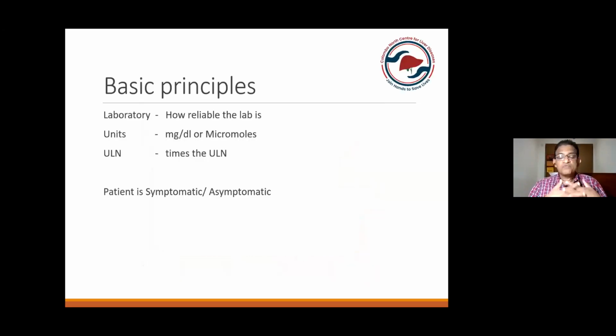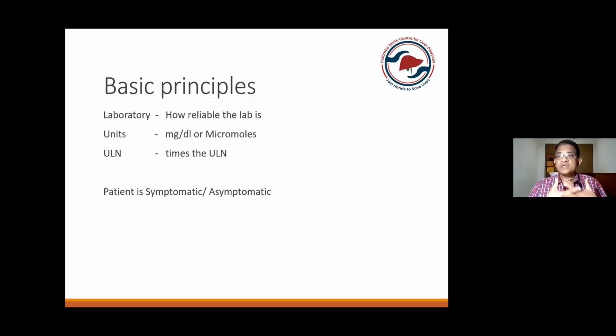Before going into details, I would like to introduce some of the basic principles like laboratory errors, then units, then upper limits of normal, and others. If you are doing a liver profile, make sure that you do it from a reliable lab, because if you do it from a lab that is not accredited, you'll see a fair amount of lab errors leading to wrong diagnosis.